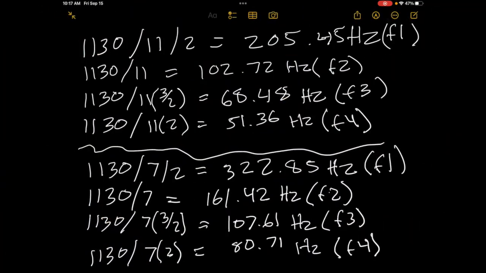So I have some more math for you. We have 4 frequencies for each measurement. Now for the fundamental of the first measurement, we take the velocity divided by half of the wavelength, which equals 205.45 hertz, and that's our base frequency or fundamental. The second frequency, we already calculated.